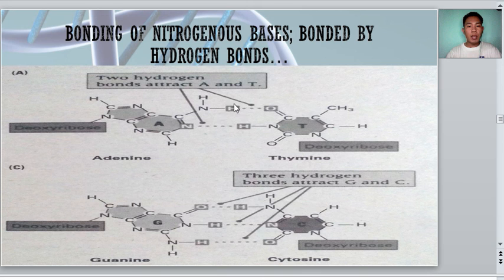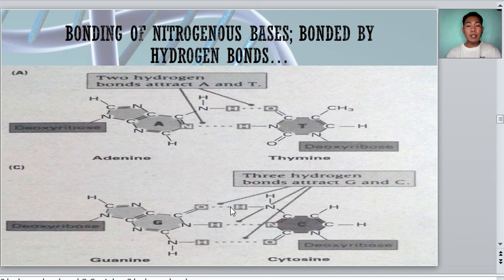In this illustration, adenine and thymine have 2 hydrogen bonds, and guanine and cytosine have 3 hydrogen bonds that stabilize the double-stranded DNA. That means the most stable linkage between the nitrogenous bases of the 2 strands of DNA is the connection between guanine and cytosine.